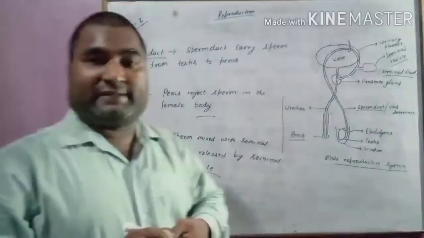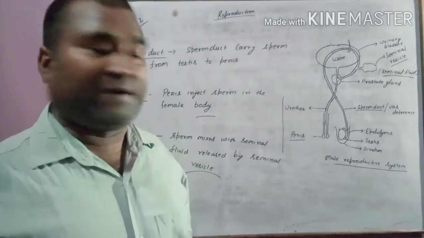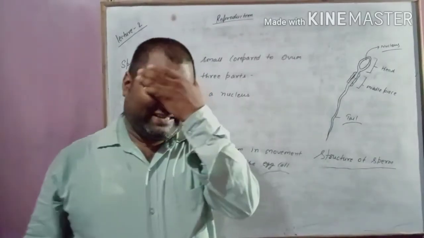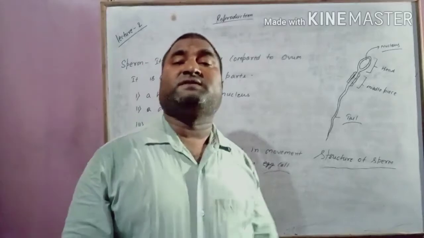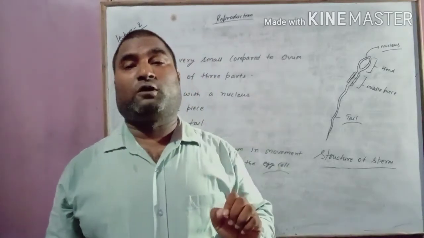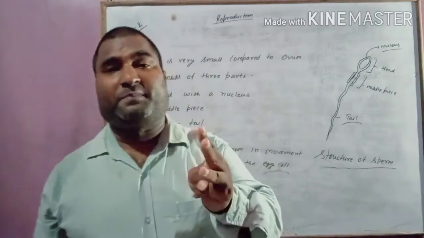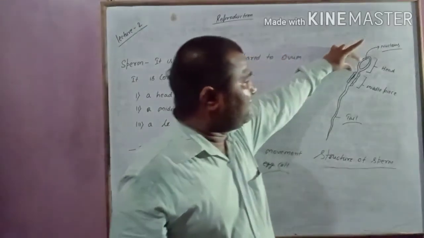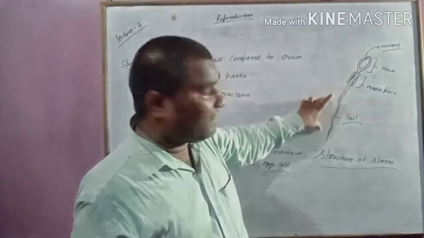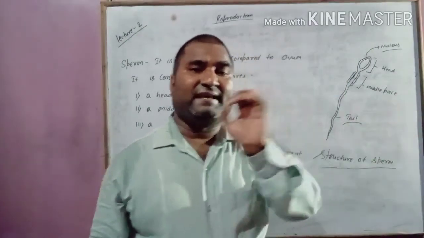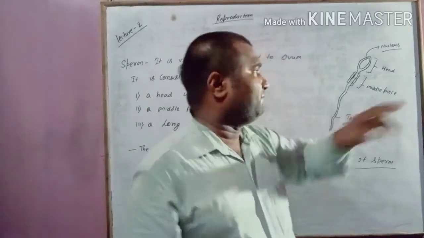Okay, next is the structure of sperm. Sperm is very small compared to ovum, and it consists of mainly three parts: a head, a middle piece, and a tail. See, you don't need that much detail, but just keep it in mind.